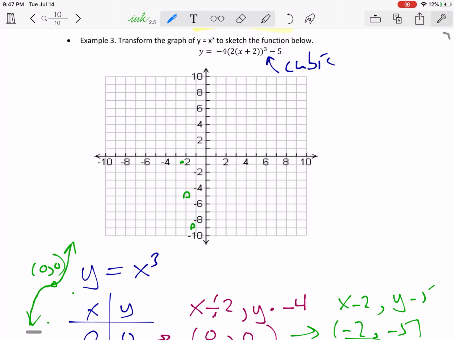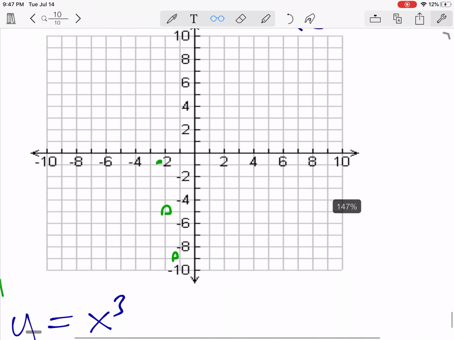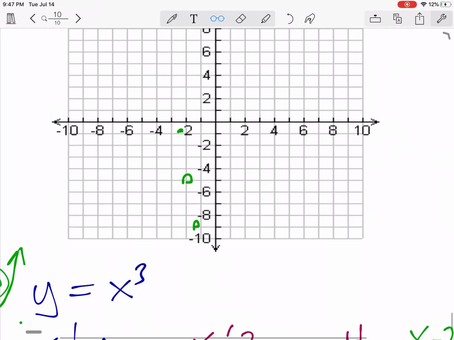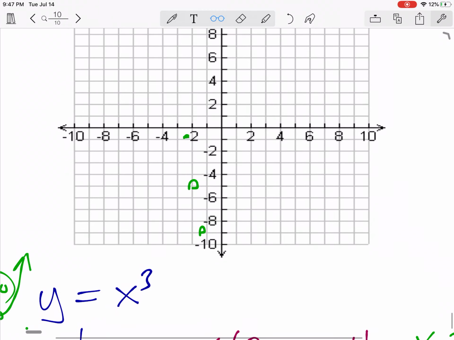The other points, remember we had -1, -37, so that's way down there, and the other one was -3 and positive 27, so it's way up there. Again, what that tells you is it's really narrow.